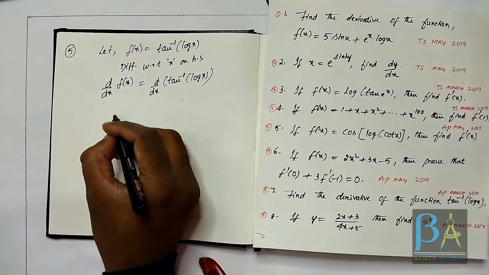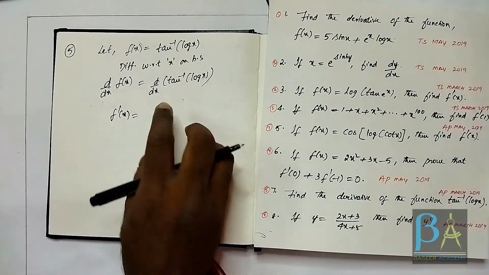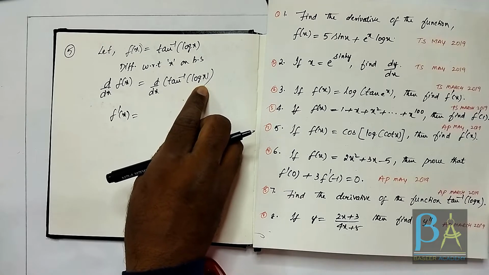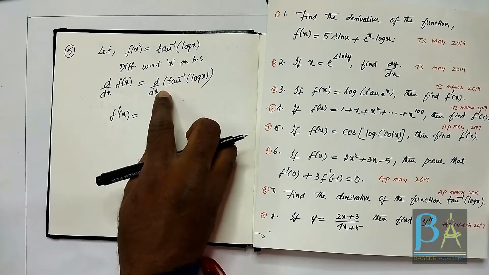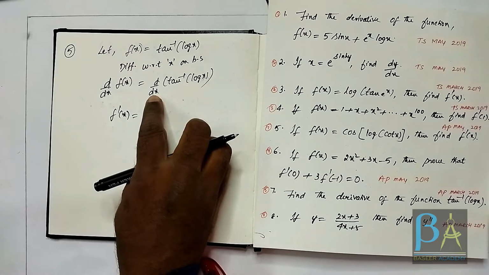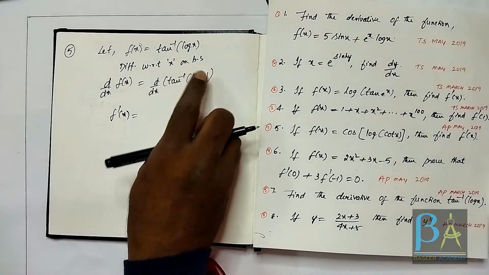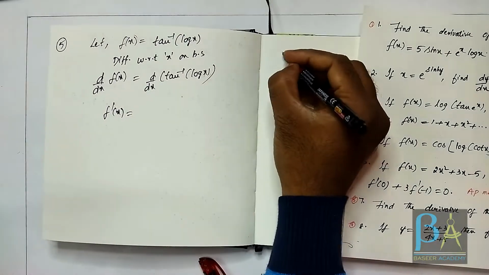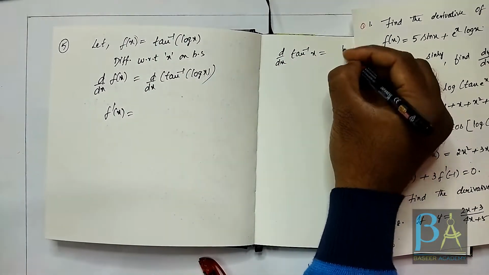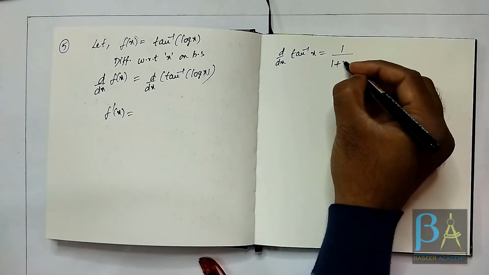Now d by dx of f of x is nothing but f dash of x. d by dx of tan inverse log x. I don't have a formula for finding the differential of tan inverse log x, but I have a formula for finding the differential of tan inverse x. And what is that? d by dx of tan inverse x is 1 by 1 plus x square.